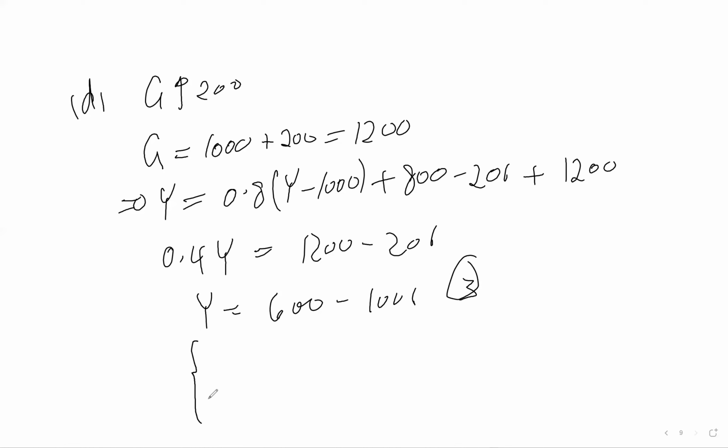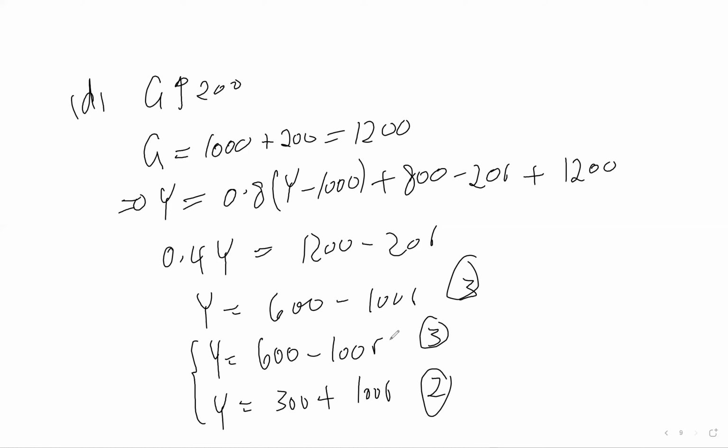So here we have equation 2 and 3. Equation 3, as you can see, we derived. And then equation 2, which we derived before, is equal to 3,000 plus 100R.